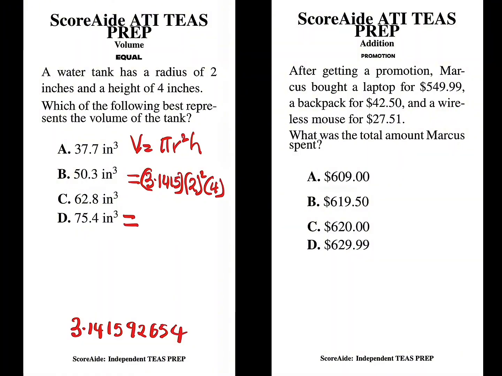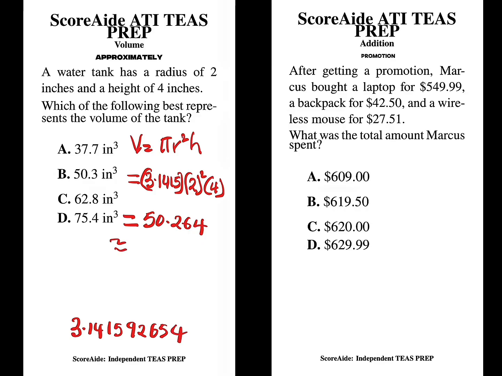So let's calculate that. 2 squared is going to be 4. 4 times 4 is 16. So we have 16 times 3.1415. So the answer is going to be 50.264.